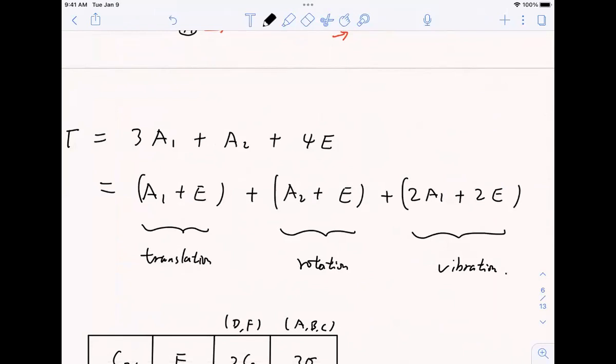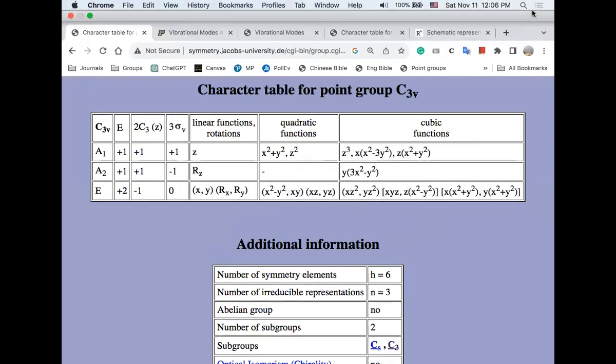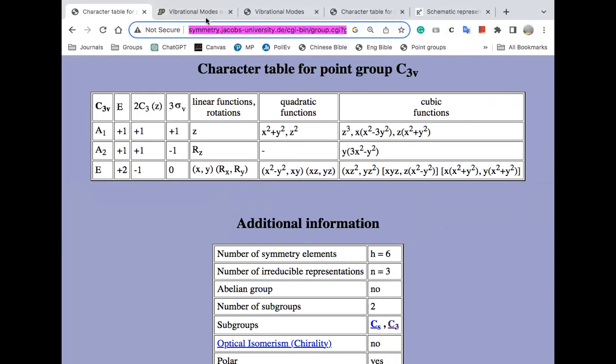The ammonia has 6 phonon modes. 6, because these are 2D representations. So you basically expect 4 frequencies for the ammonia vibration, because 2 of these frequencies are twofold degenerate. Okay, so let me show you the animation.